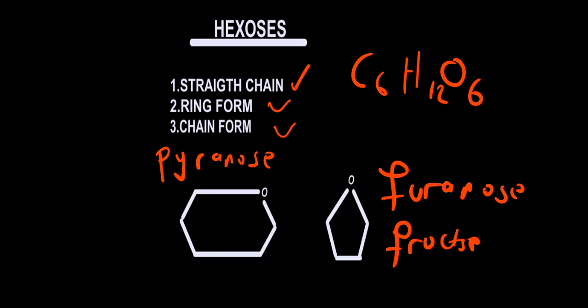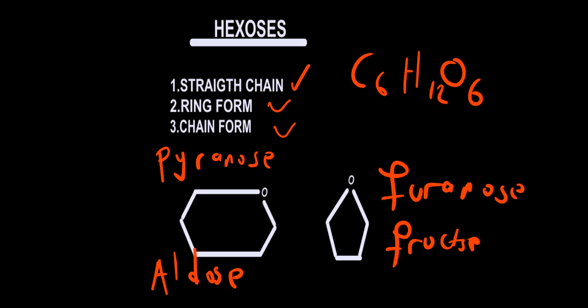Now why is this so? A pyranose will be very stable for glucose because, like we saw earlier, the carbonyl group is at the end of the chain, so glucose is an aldose. So we can conclude that pyranose structures are usually stable for aldoses, a sugar with an aldehyde group.